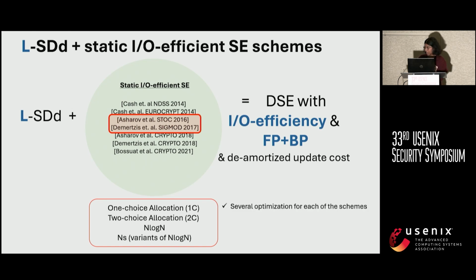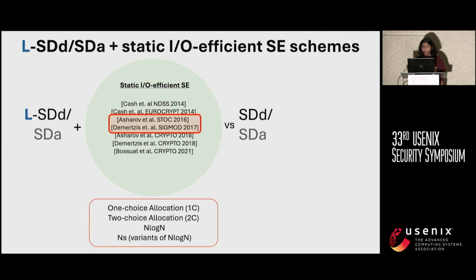We performed several optimizations for each of these schemes to work with our oblivious-merge framework. We didn't implement the rest of the schemes from the green bubble because mostly they are theoretical, and we also believe that with some modifications to the oblivious-merge framework, it will work with other I/O efficient static schemes as well.